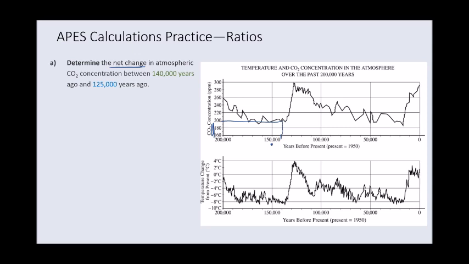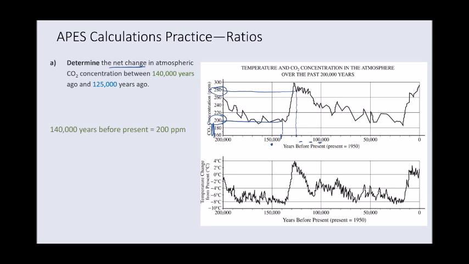So at 150,000 years ago, there were 200 parts per million of CO2. I also need to know what this is for 125,000 years ago. So I have 100, 110, 120, and then 125 is in the middle here. Again, I'm just going to draw my line up and draw it over. And that gives me about 280.